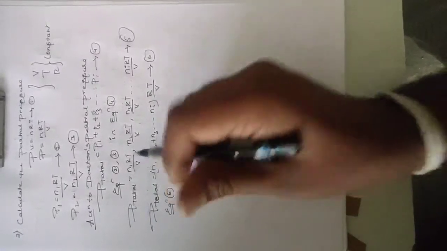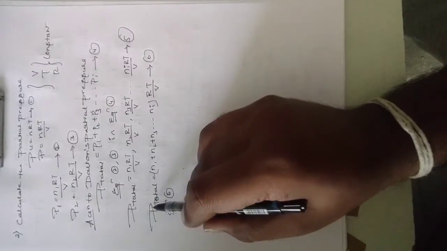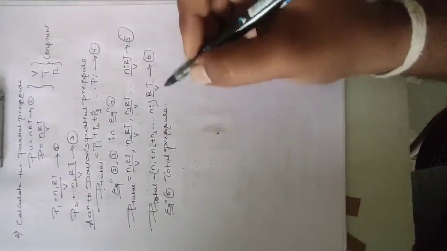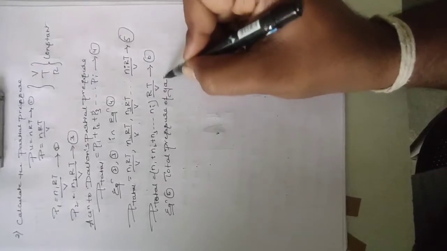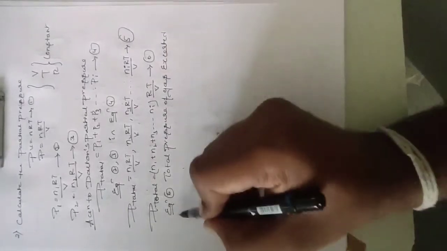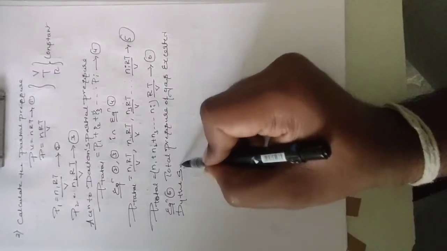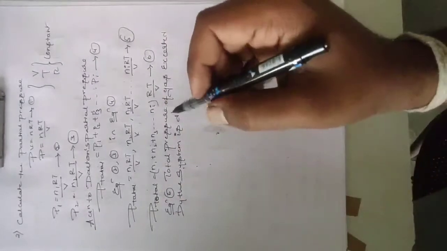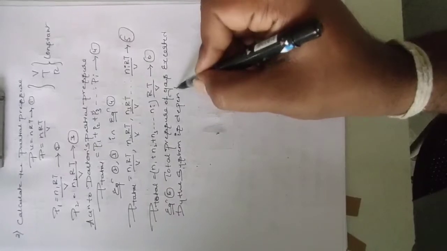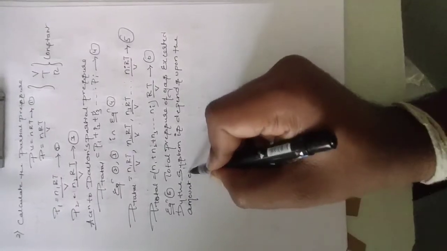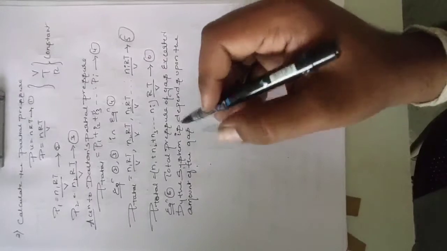See, this equation number 6 will tell that the total pressure exerted by a gas applied by the system depends upon the amount of the gas present in the system.